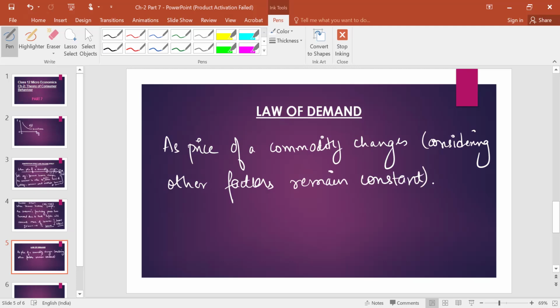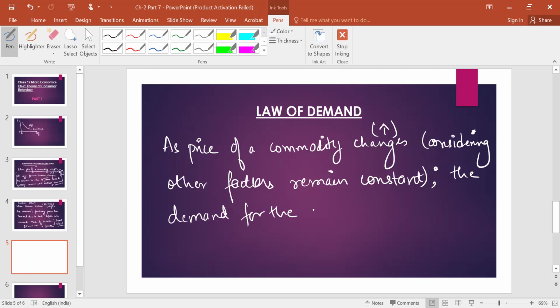Considering other factors remain constant, as the price of a commodity changes, let's say the price of a commodity increases, the demand for that commodity will fall.